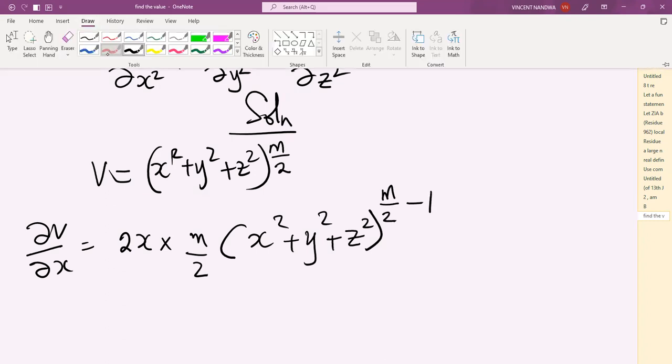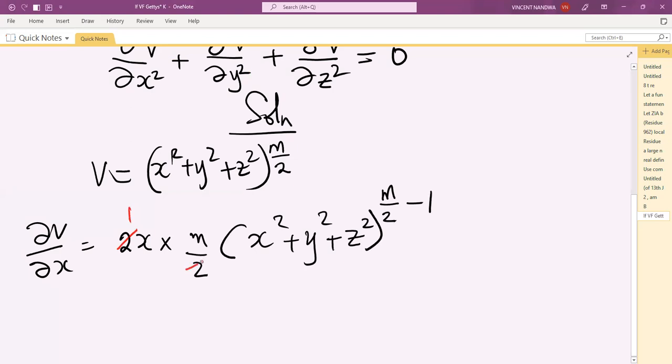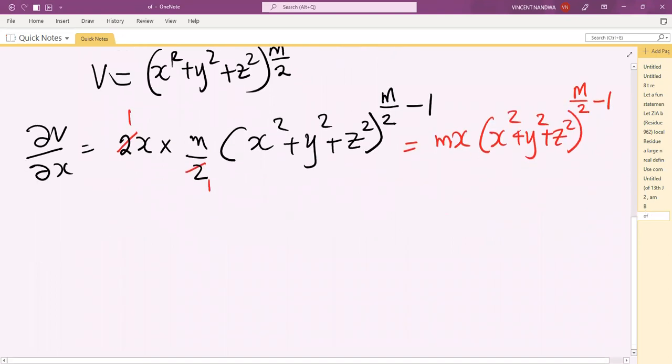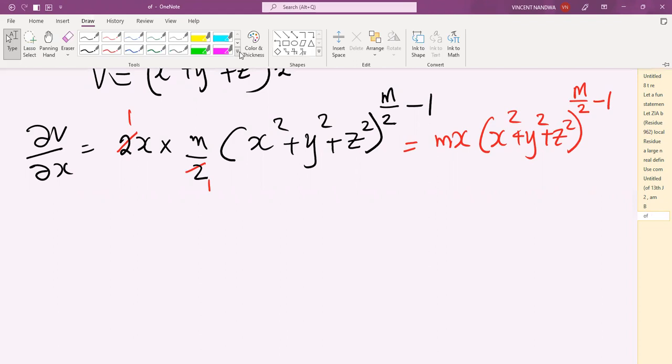And by doing this, these 2 and these 2 cancel out. So this will be mx into x squared plus y squared plus z squared raised to the power m over 2 minus 1. So that is the derivative of v with respect to x.